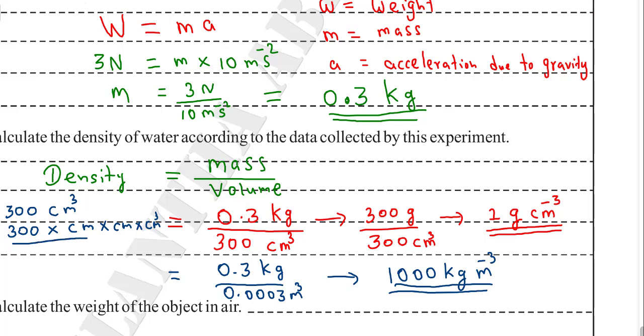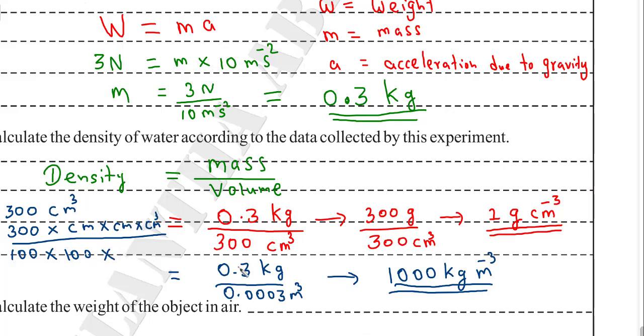To convert the centimeters 3 times, we first convert this centimeter into meters by dividing by 100. Okay. And the second centimeter also we converted into meters dividing by 100. Sorry, not 1000, 100.